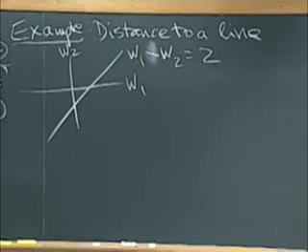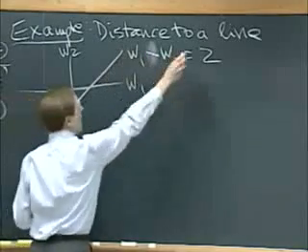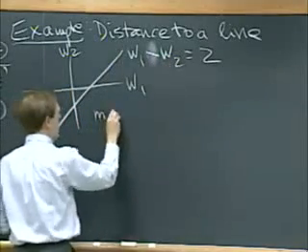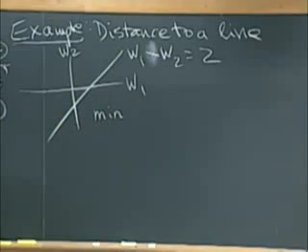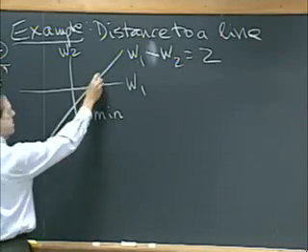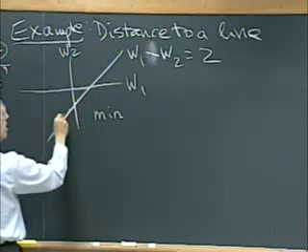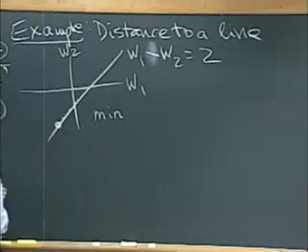So what's our problem then? The distance to a line, we're minimizing. So what quantity am I minimizing, and where's the winner? I'm minimizing distance. I'm taking any point on the line, and the distance to the line from the origin, from 0, 0. Here's a typical point on the line.